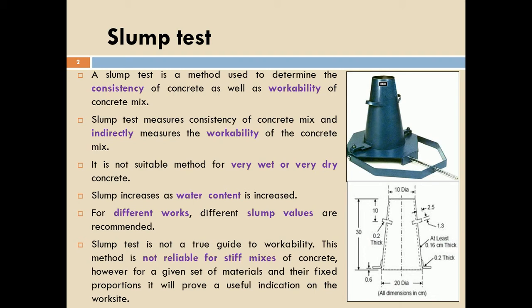To maintain a proper water cement ratio and to properly maintain the slump, we have to do this slump test at both places. That's why, as I already told, it is an on-spot test, because we can do the test very quickly. It is not suitable for very wet and very dry concrete.